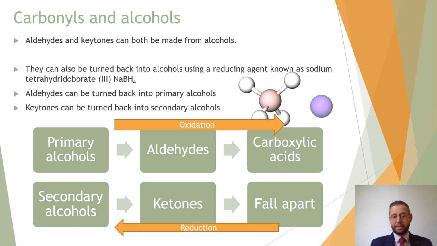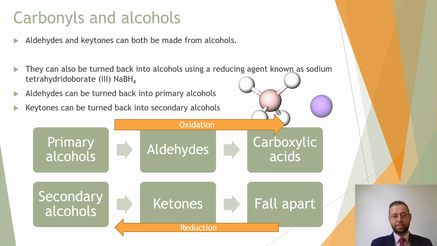Can we oxidize them further? We can with the aldehydes, because if we subject them to further oxidation, then what we would get is them forming a COOH group, a carboxylic acid. The ketones though are much less reactive, and so under these same conditions they just tend to fall apart. So we can't further oxidize the ketones, but we can the aldehydes.